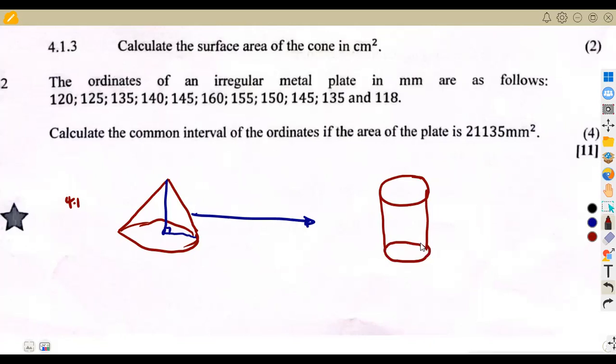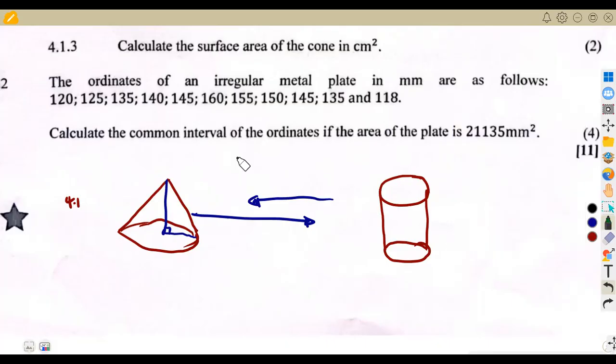So what is it that these two are going to share, which is the same if you melt a cone, and from what you've melted, it gives you a cylinder? What is it that you must consider there? It is the volume, all right?